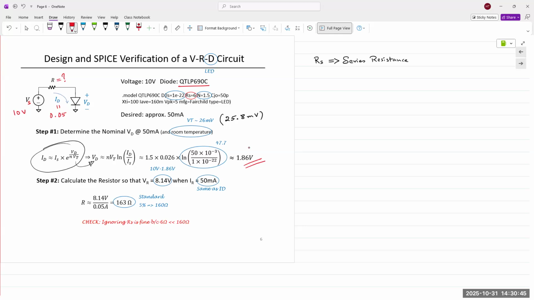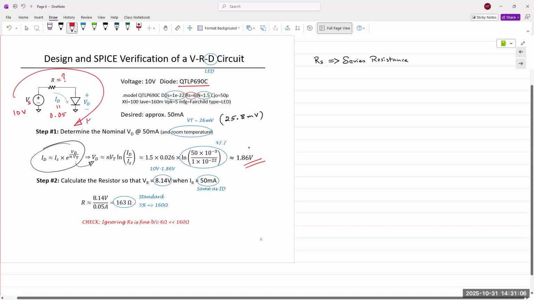Okay. Diode voltage VD is 1.86 volts. Now, if diode voltage is 1.86 volts, what does it mean for VR?